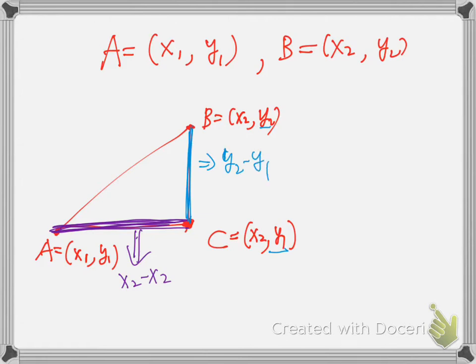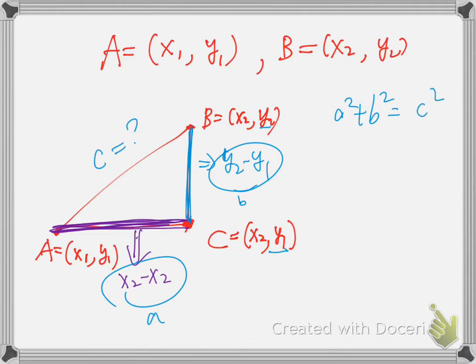So what's the distance between A and B? It's the Pythagorean theorem, right? The hypotenuse is C. That's the A side, that's the B side. So A squared plus B squared is C squared. So we got, sorry, here should be x1. So this should be x2 minus x1 squared plus y2 minus y1 squared is C squared.